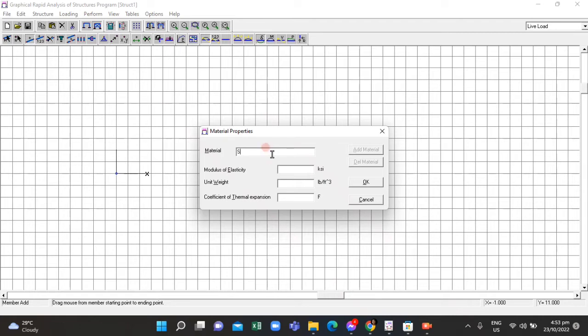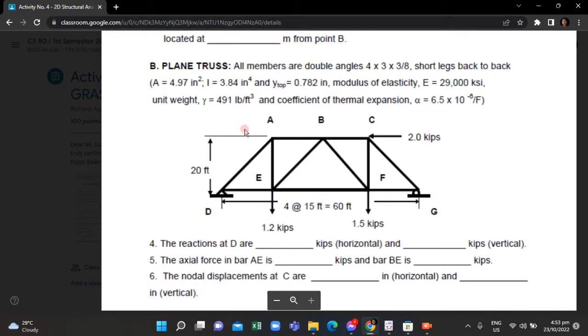Let's say it's steel, with a modulus of elasticity of 29,000 psi, a unit weight of 491 pounds per cubic foot, and a coefficient of thermal expansion of 6.5 times 10 raised to negative 6, which is approximately 0.000065. And so we click OK, and then close it, and then yes.